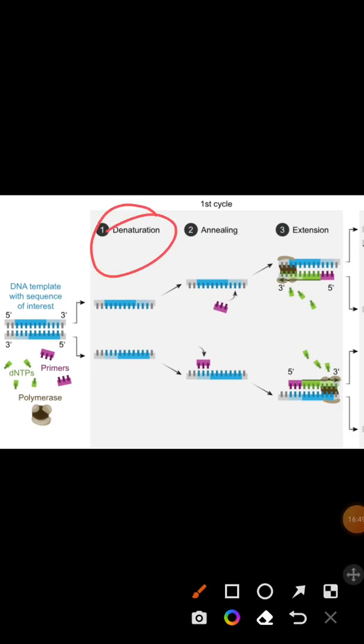But we have to keep in mind that the temperature should not be too low, because there can be a possibility of mismatch hybridization. The temperature should not be too high, to allow successful hybridization of our primer with the 3' end of our gene of interest, but it should also be high enough to prevent any kind of mismatch hybridization.